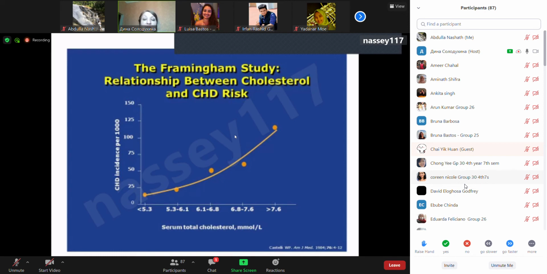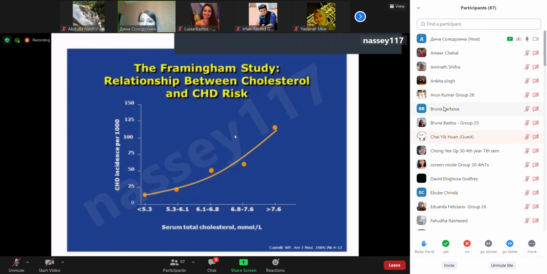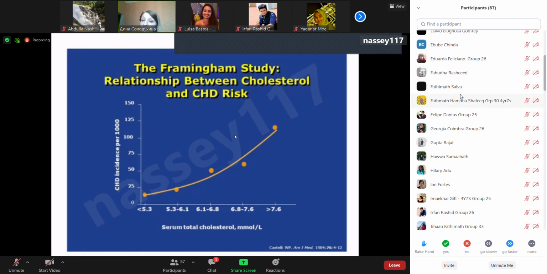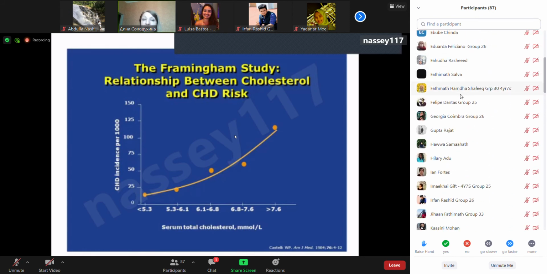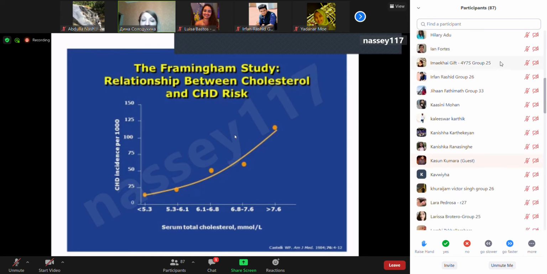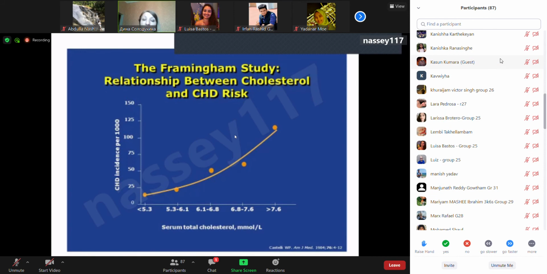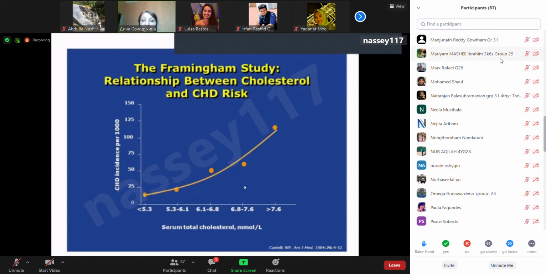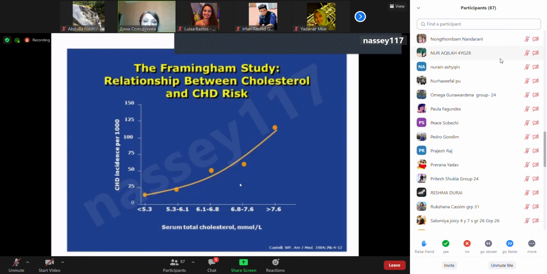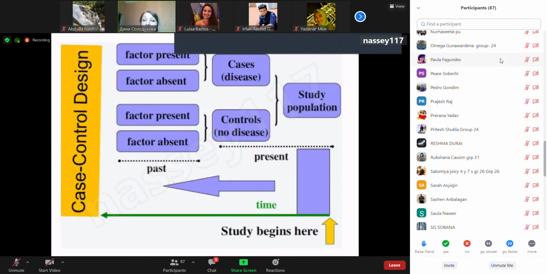We say that cohort studies are the best to estimate direct incidence of diseases or direct risk. So that is why, from observational studies, cohort studies are the best, the most powerful, and give us the strongest evidence for associations. However, sometimes we are not able to apply a cohort study.